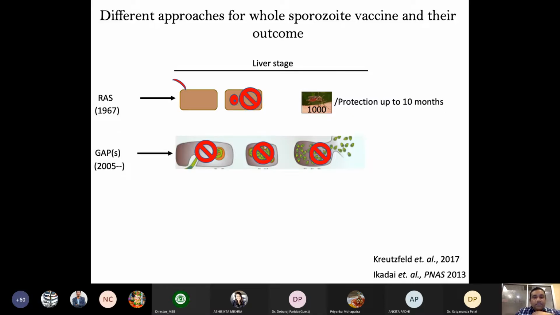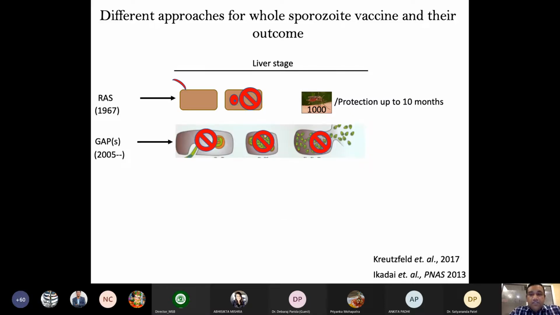Okay, then another approach started after the generation of a lot of molecular tools to transform the parasite, and the whole genome sequence of the plasmodium was known. Then it started developing another generation of vaccine called GAPs, or genetically attenuated parasites. This concept was started in 2005.